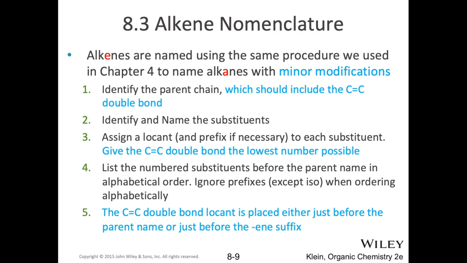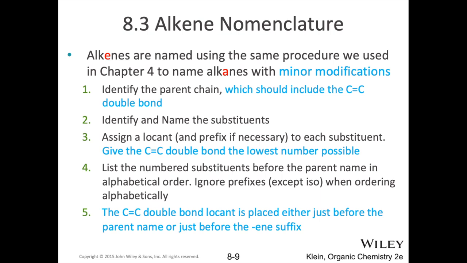The only caveat here is that we want to make sure that we select the parent chain in such a way that it contains the carbon-carbon double bond. If there is a longer chain that skips the bond, we can't select that as our parent chain. You have to select the longest continuous carbon chain that includes that double bond.